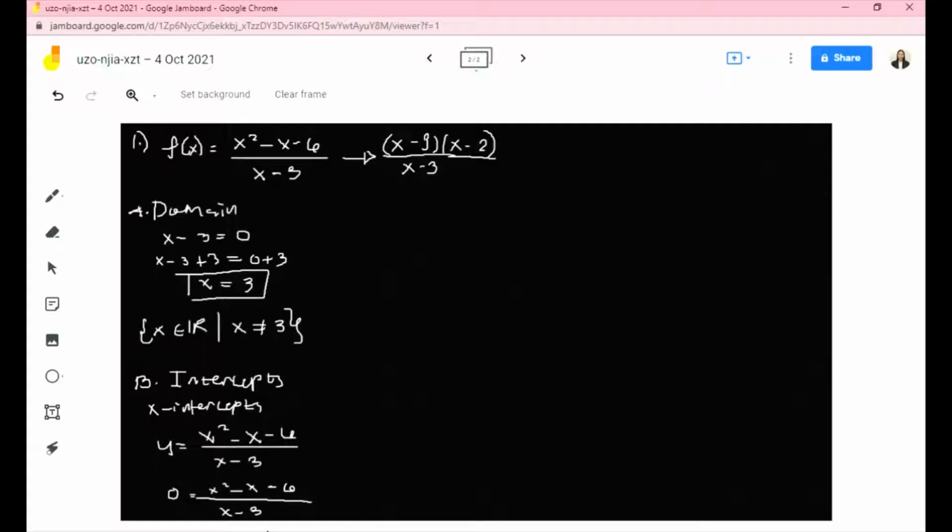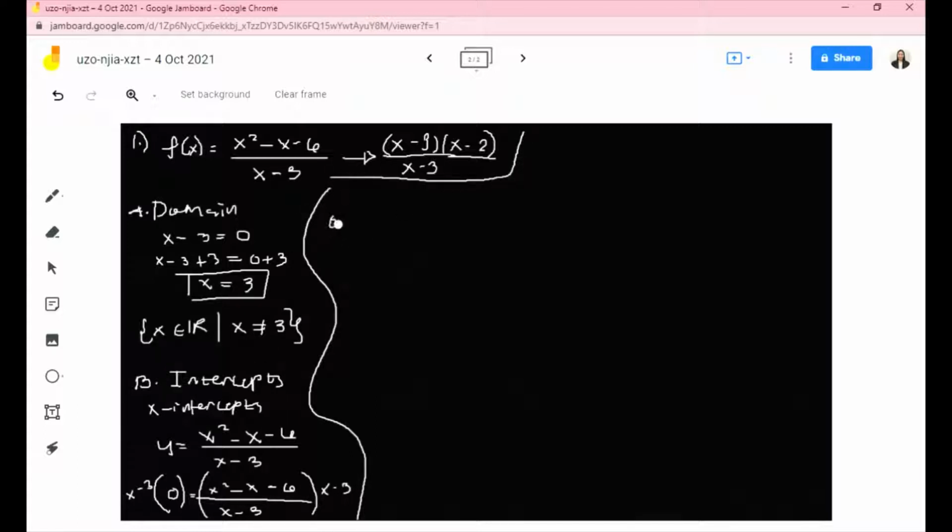Now we need to eradicate the denominator. That means we multiply both sides by the denominator itself, which is x minus 3. Now let's continue that here. x minus 3 times 0, that is just equal to 0. x minus 3 and x minus 3, that's cancelled.